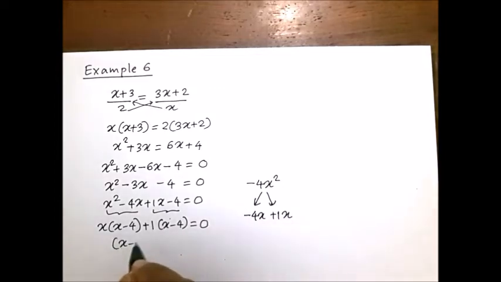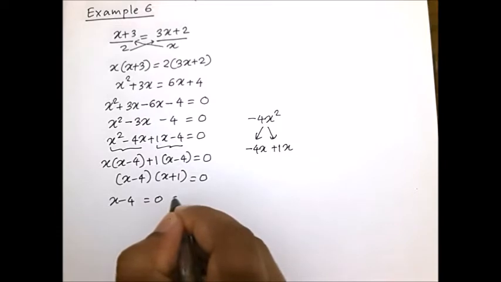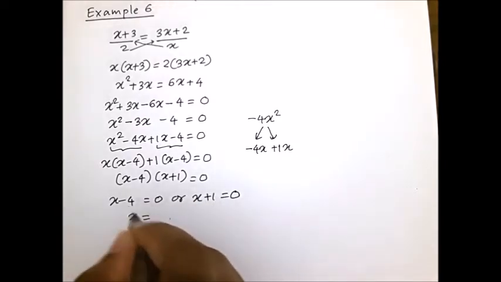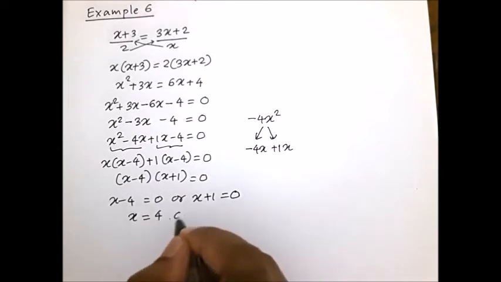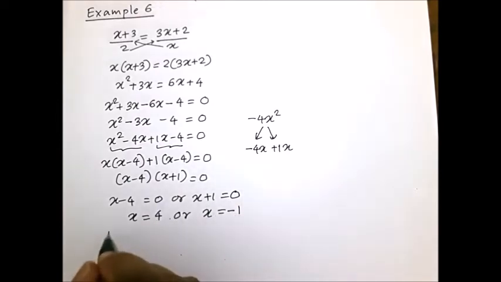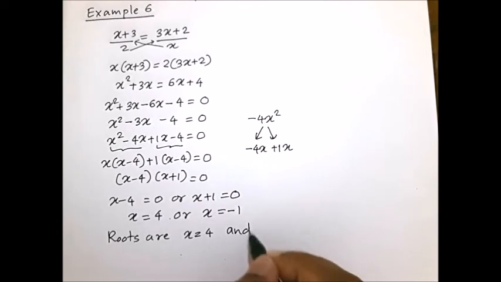Factors are x minus 4 and x plus 1. Then you can write x minus 4 equals 0 or x plus 1 equals 0. Here, taking minus 4 to the right side, it is plus 4. Taking plus 1 to the right side, it is minus 1. Roots are x equals 4 and x equals minus 1.